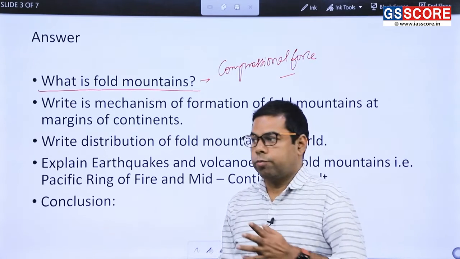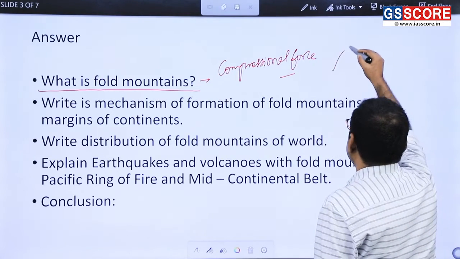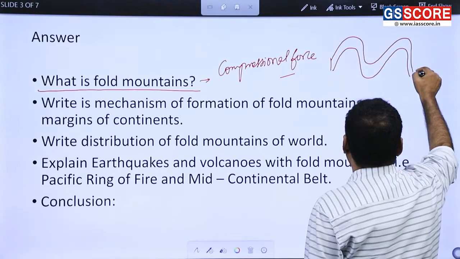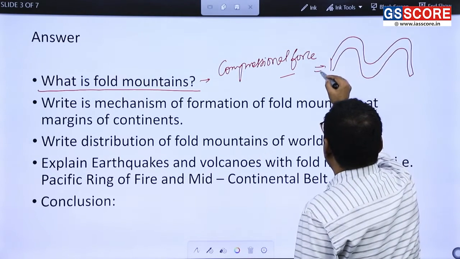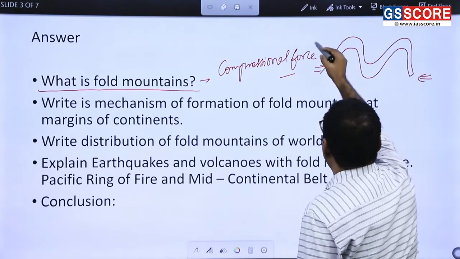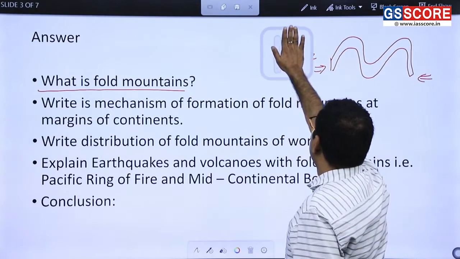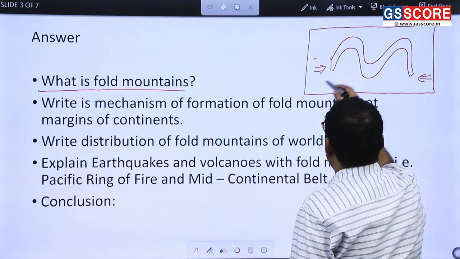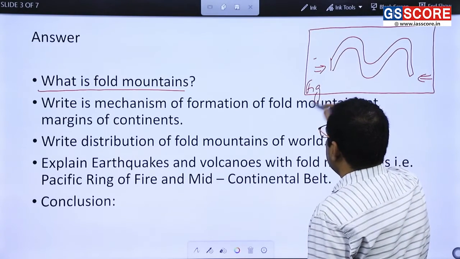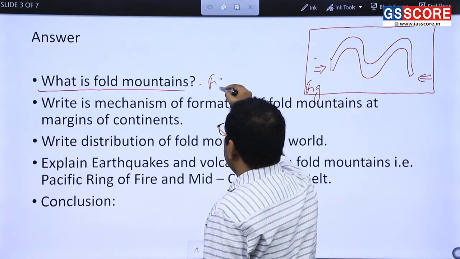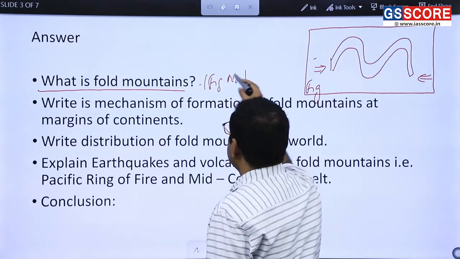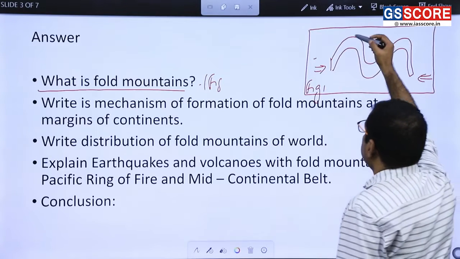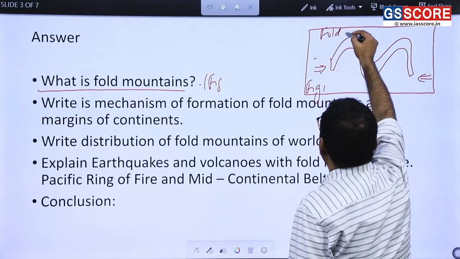Here you can take advantage of making a diagram. You can make this fold and show the compressional force, and then put this diagram in a box. Give a figure number, like suppose this is figure 1, and here give the title: fold formation.